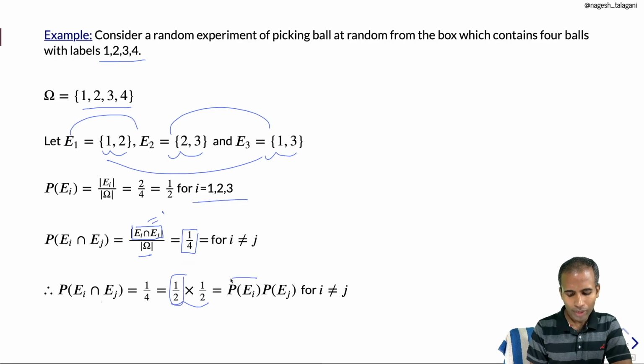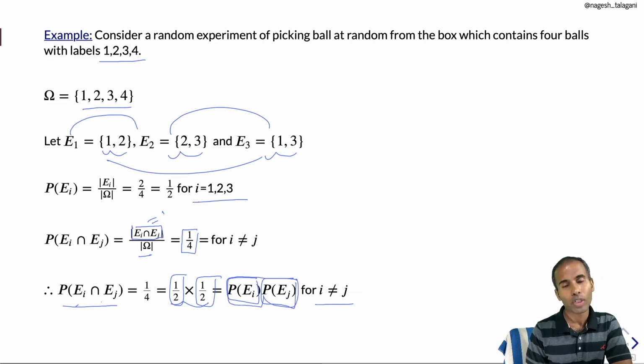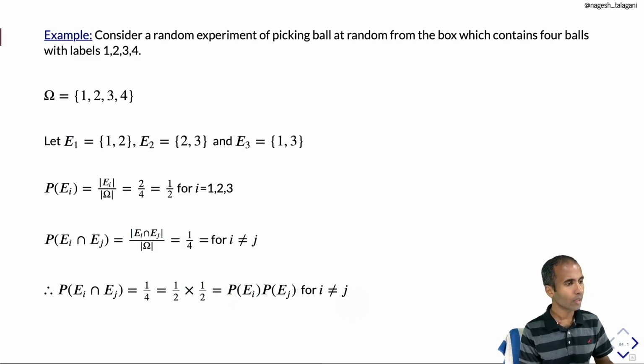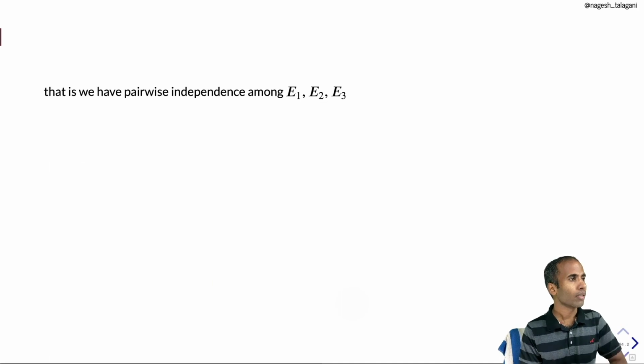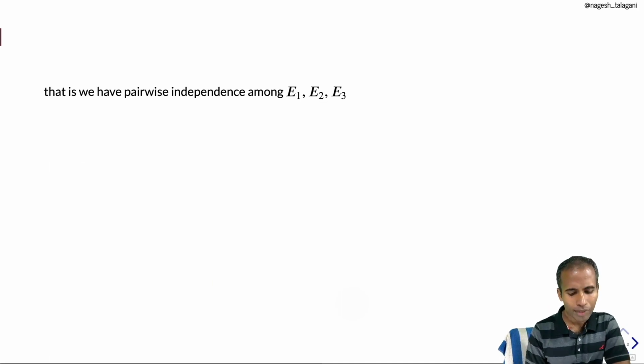This 1 by 2 we can take as probability of Ei, and this 1 by 2 as probability of Ej. So the probability of Ei intersection Ej is the same as probability of Ei times probability of Ej for all i not equal to j. So we have pairwise independence of E1, E2, E3.